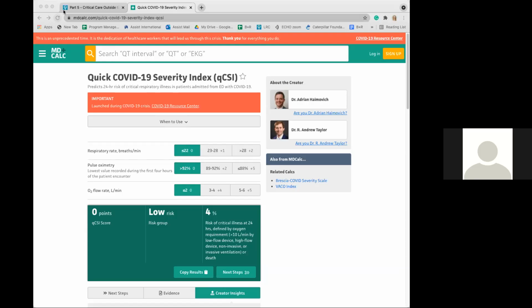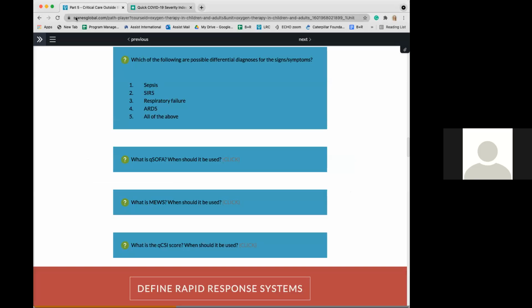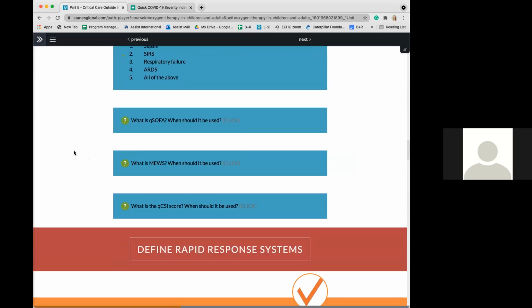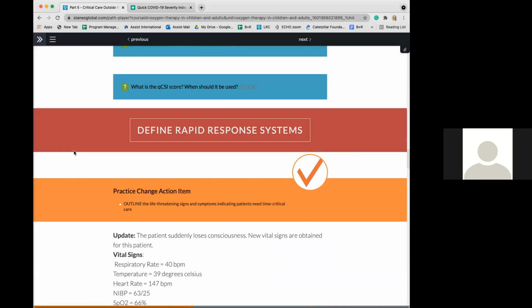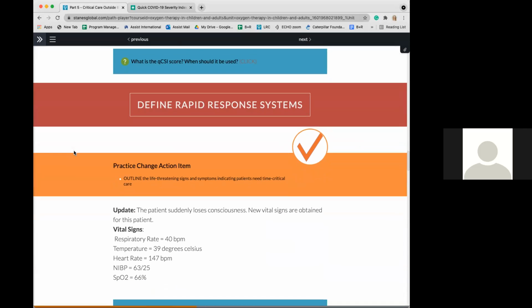So Sarah, we can go back to the original slide. That's just about the different score systems that we can use in our various health facilities to give us a guide and trigger a particular intervention.